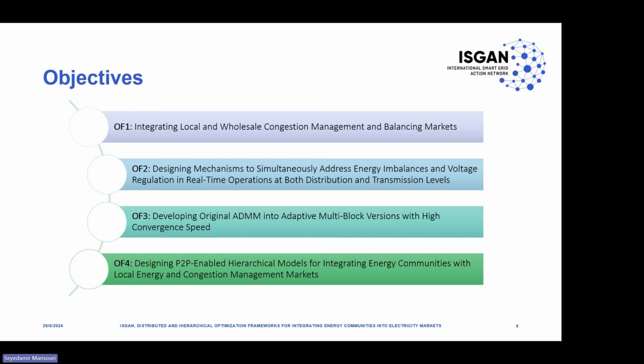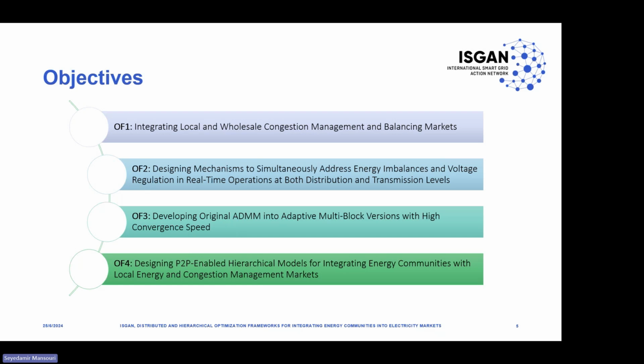So the objectives are integrating local and wholesale congestion management and balancing markets. The second objective is designing mechanisms to simultaneously address energy imbalances and voltage regulation in real-time operations at both distribution and transmission levels. The third objective is developing original ADMM into adaptive multi-block versions with high convergence speed.